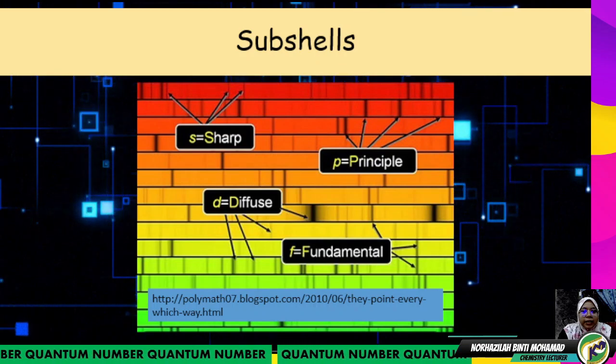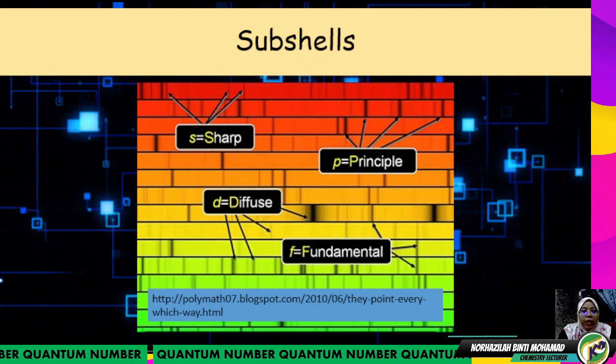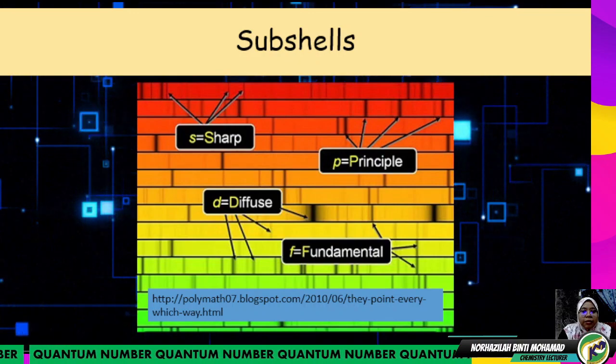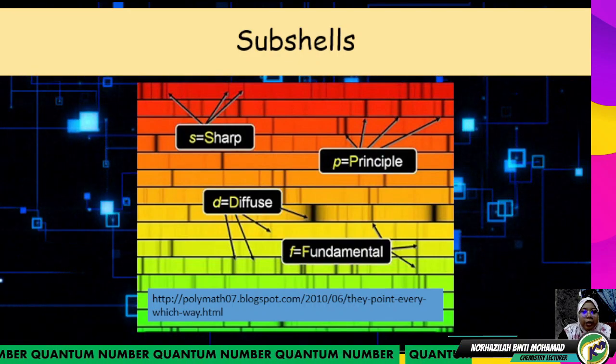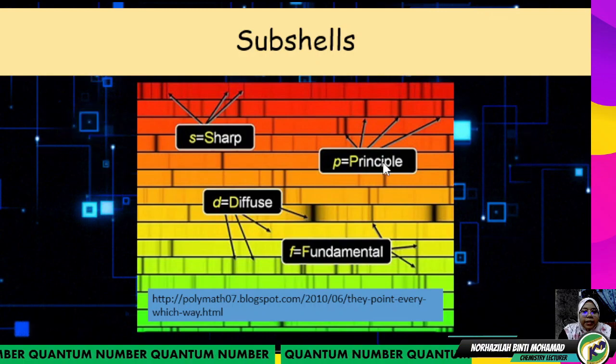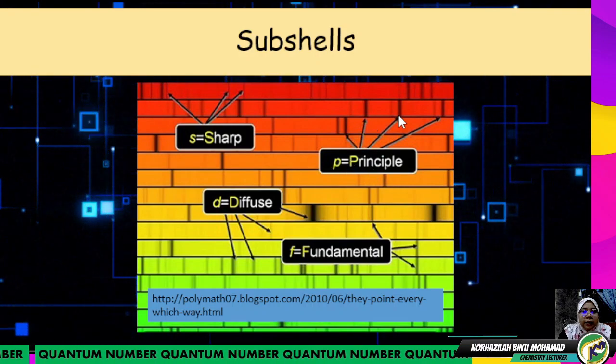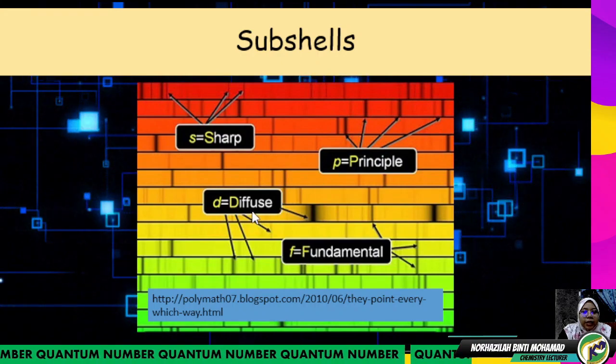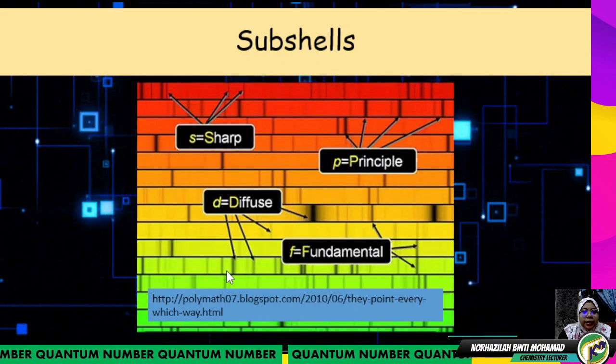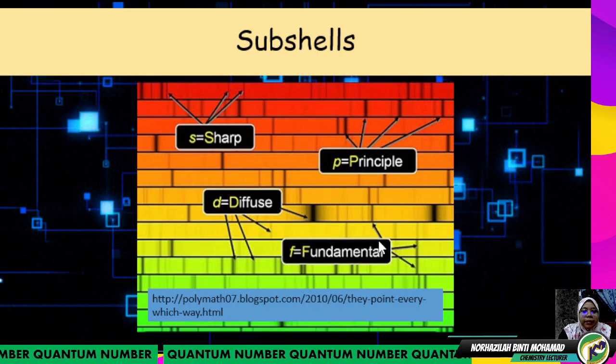So S is sharp, and this is what the spectroscopic line looks like for sharp. This is the principal line for P. This one is the diffuse line, and this one is the fundamental line.